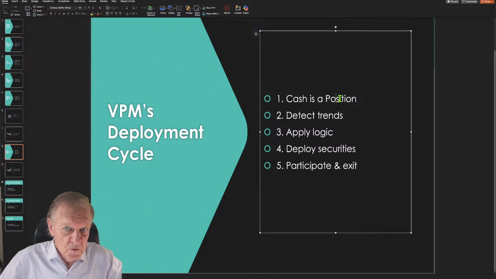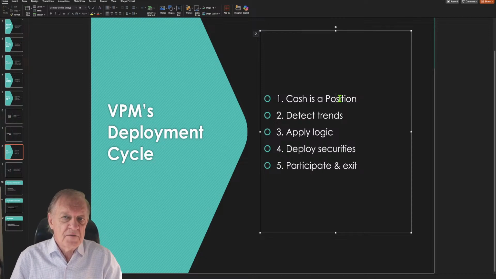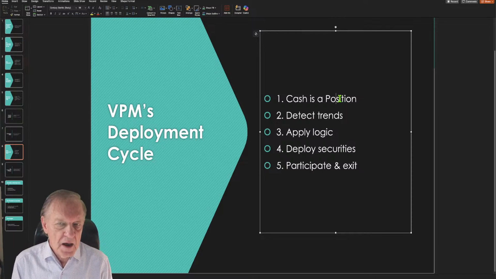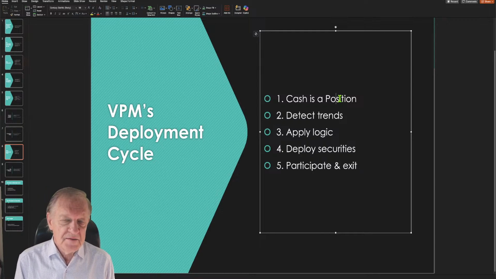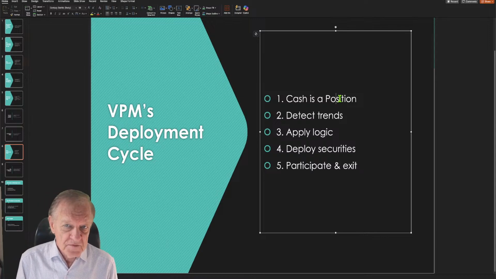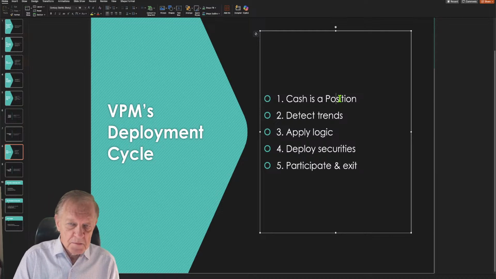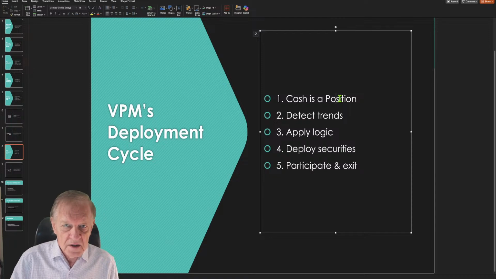So one, we've got to find the trend. Is there a trend? If there is one, how do we participate? We like to try to find them at the very beginning of the trend if possible. But often, and this will be covered in a future video, there are three different types of entry. The one that's coming out of a base. There's one that's out of the base, starting to trend, which I call the breakout trade.